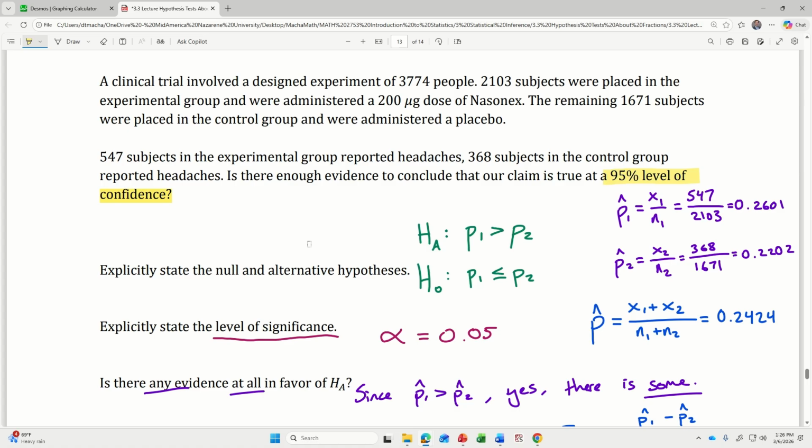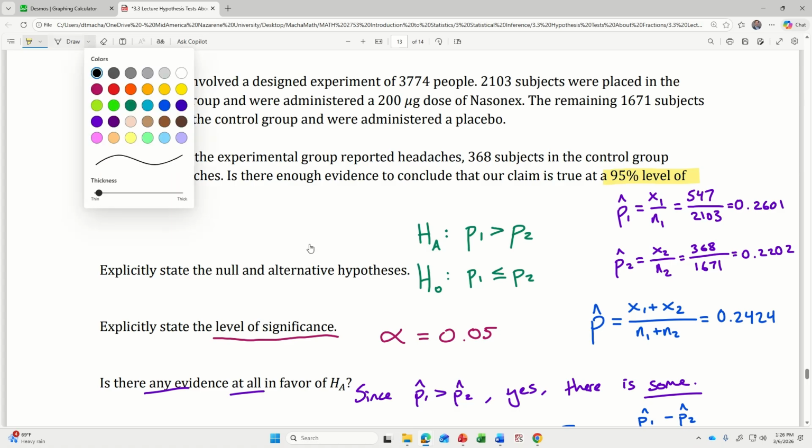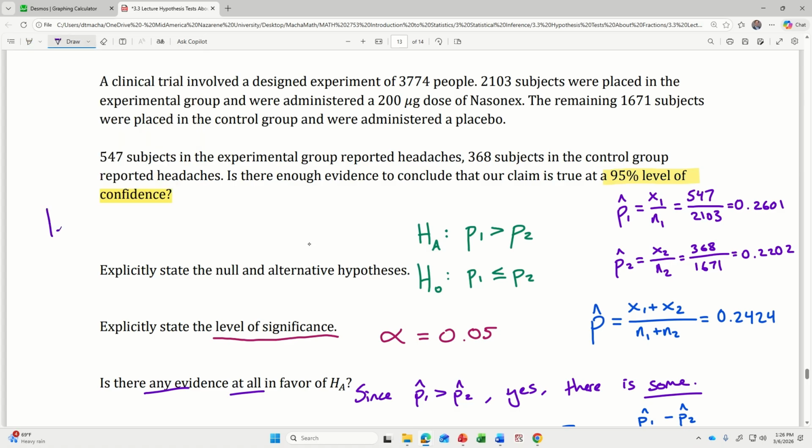And the level of confidence is 1 minus the level of significance. Or sorry, the level of significance is 1 minus the level of confidence. That goes both ways, because they are complements of each other.